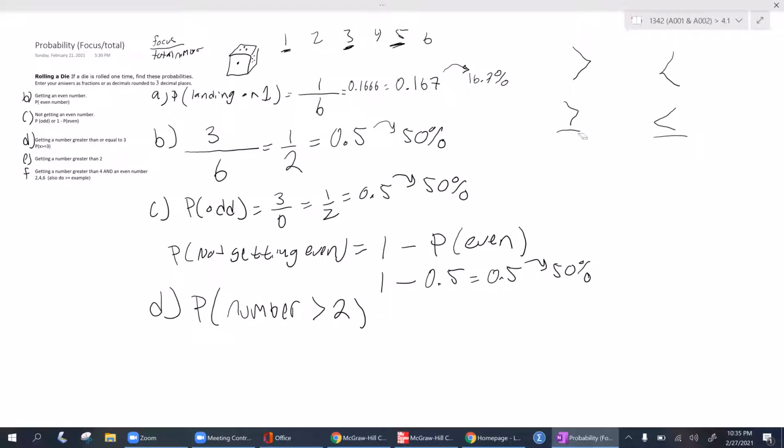So let's go ahead and find numbers that are strictly greater than 2. I cannot do 2, so I would start from 3, 4, 5, 6.